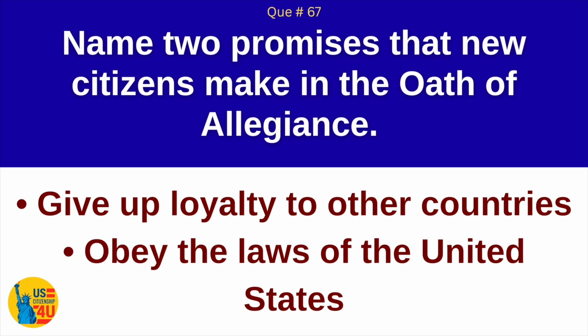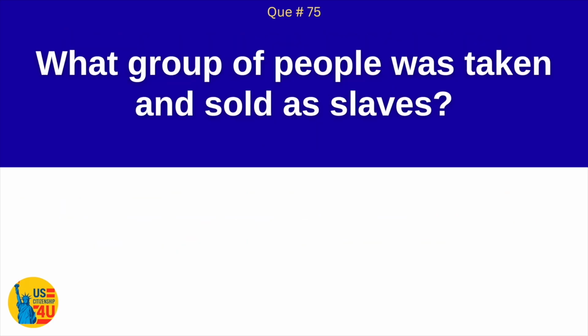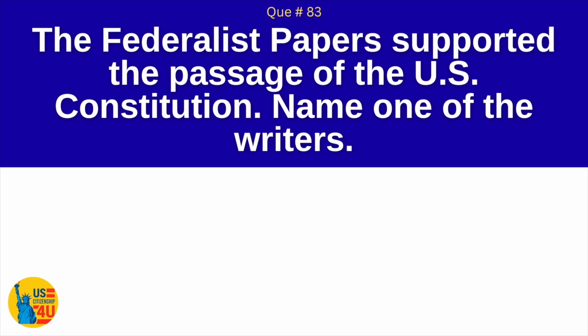Give up loyalty to other countries. Obey the laws of the United States. What group of people was taken and sold as slaves? Africans. The Federalist Papers supported the passage of the U.S. Constitution. Name one of the writers.